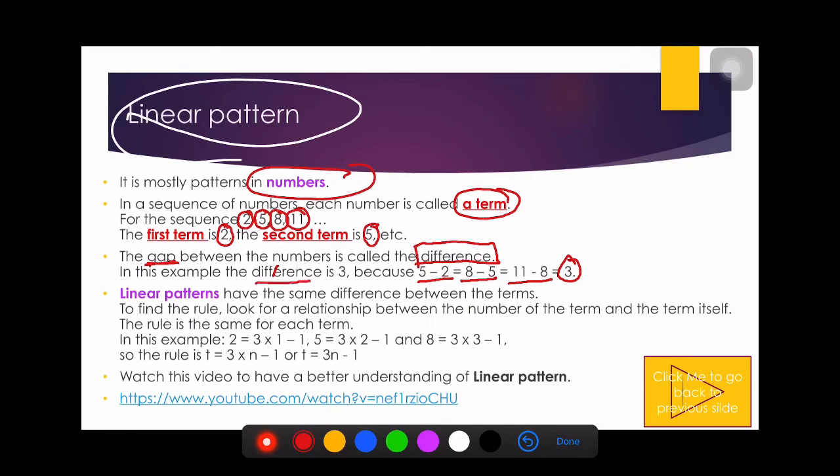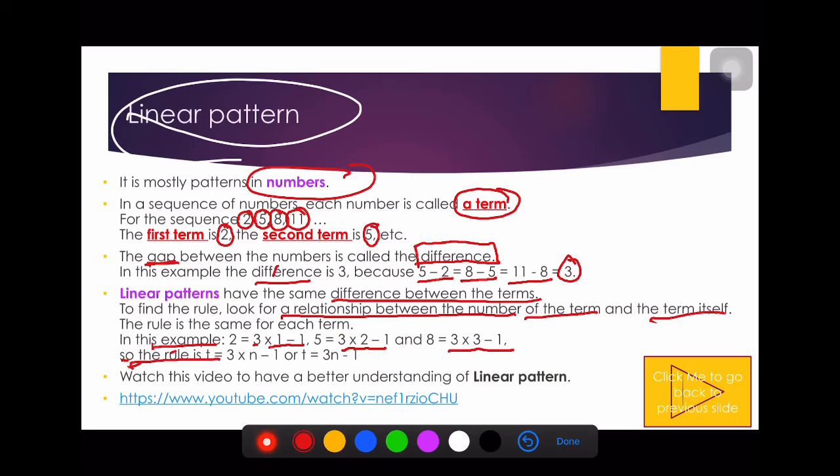Now in linear patterns, they may have the same difference between the terms. To find the rule, we have to look for a relationship between the terms and the term number. The rule is the same for each term. In the example here, 2 equals 3 times 1 minus 1. 5 is 3 times 2 minus 1. 8 is 3 times 3 minus 1.